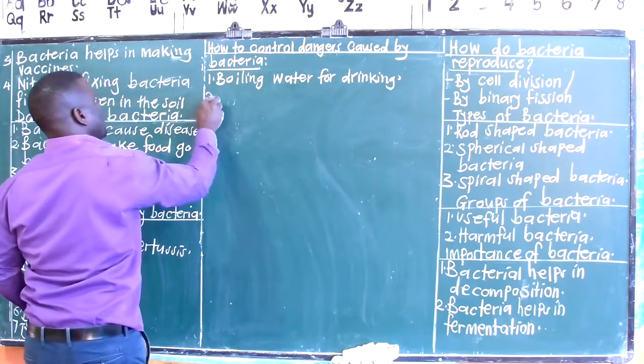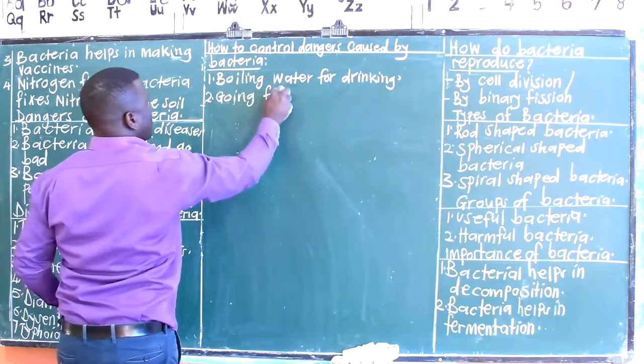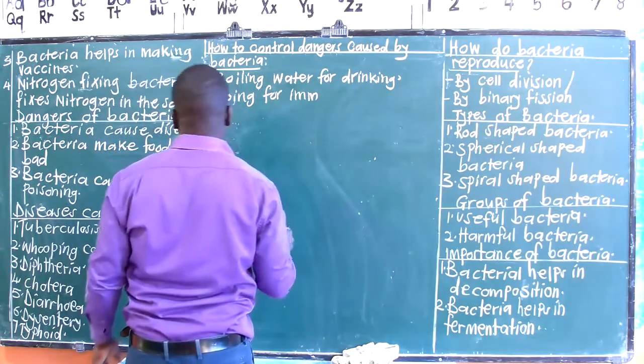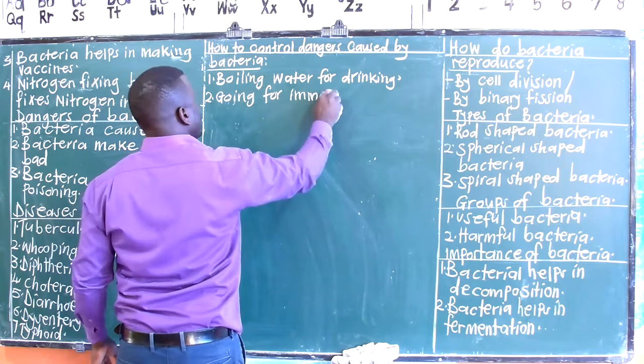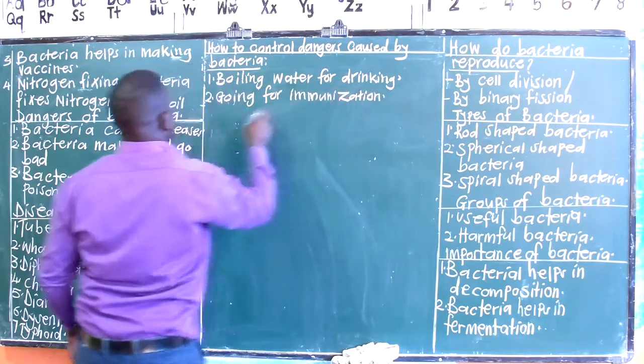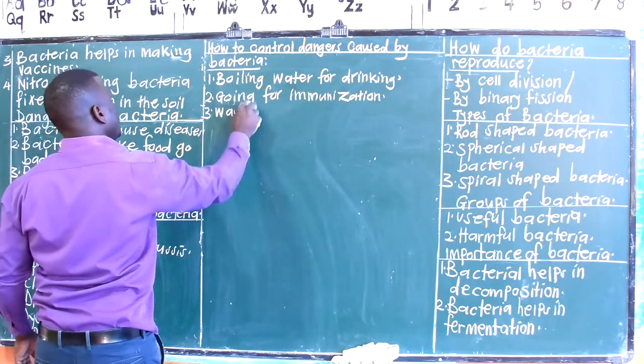Number 2, going for immunization against diseases like tuberculosis, whooping cough, and diphtheria. 3, washing hands before eating food.